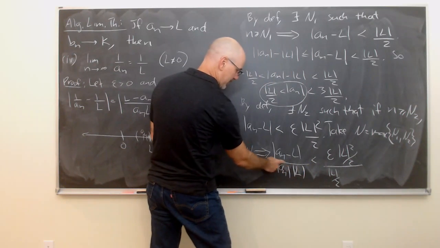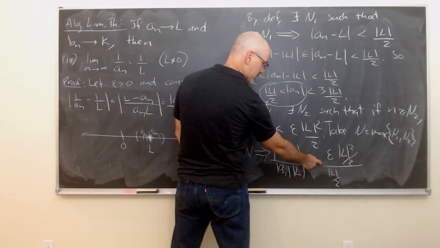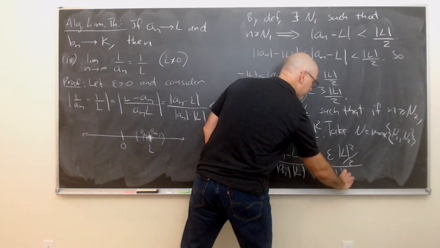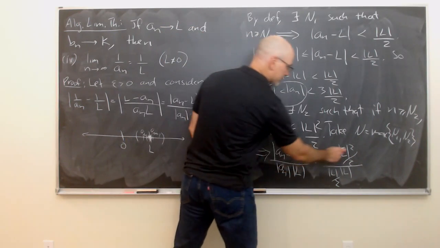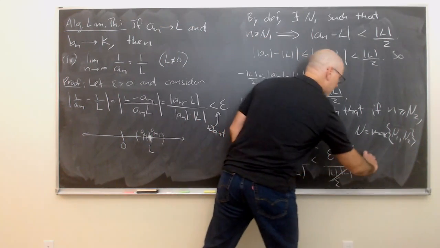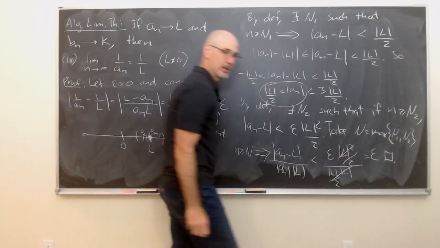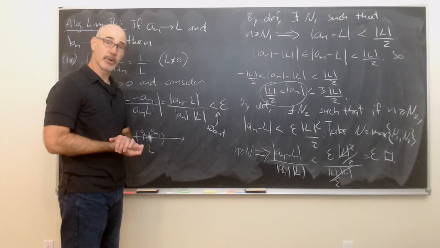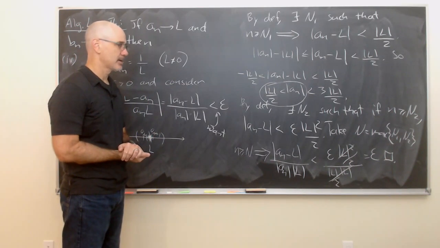So I've made a sub n as small as it can get, which makes the fraction larger, and then that absolute value of L is still there. All of that cancels. So that is my epsilon as required, and that completes the fourth part of the algebraic limit theorem, and therefore the entire algebraic limit theorem.